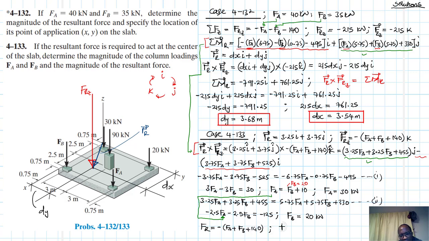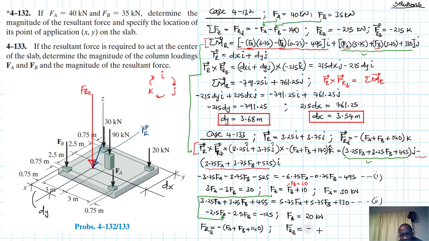Yes, therefore the resultant in the z-axis is just going to be equal to, we need the resultant also. This is going to be equal to, that's a 50 plus 140, that's 190, right?